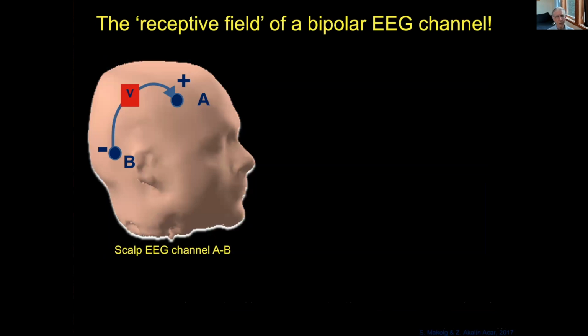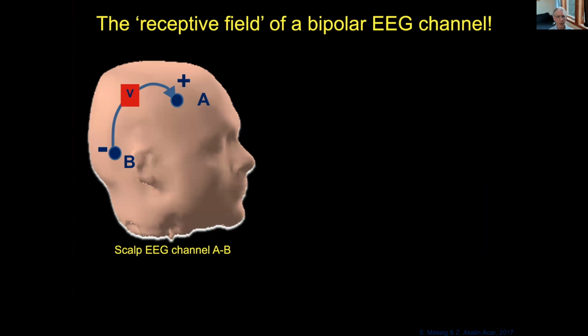So here, for instance, is a channel. You might call it, what would you call it, F4 to A2 in the standard EEG language. And this, again, is in a realistic head model taken from an MR image.